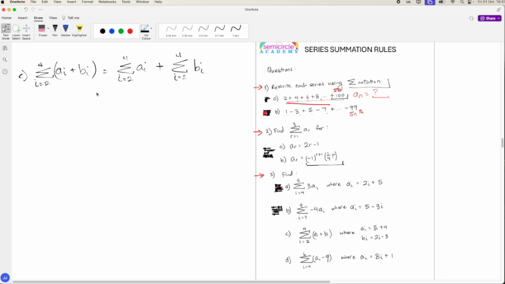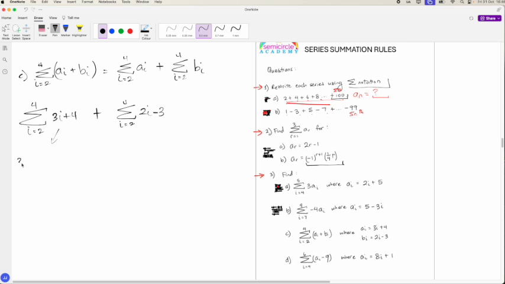So we can do the summation of a over here. Remember, that'll be the summation from i is 2 to 4 of a_i is 3i plus 4. And then I'll have plus the summation from i is 2 to 4 of b_i is 2i minus 3. So we'll work out this one over here.